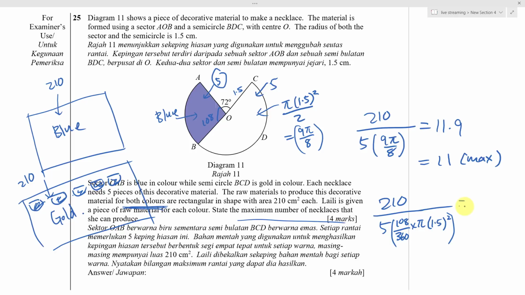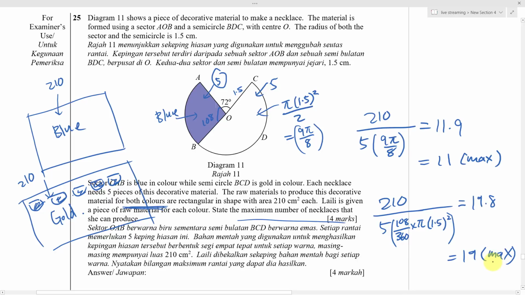Okay, let me type again. Why so big? Multiply pi, multiply 1.5 squared, and then multiply 5. Then 210 divided by my answer. So over here, I can make 19.8. So maximum, I can make 19 of it.